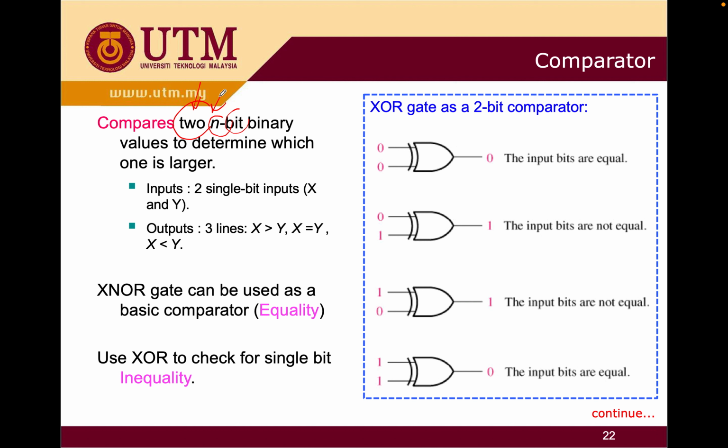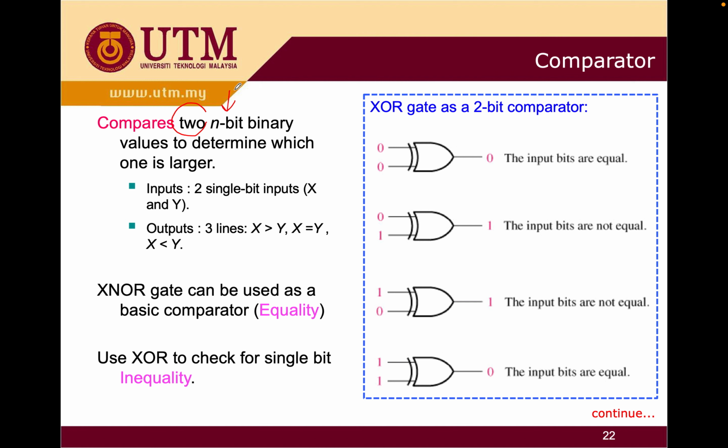Let's say I compare my Samsung phone with an Apple phone. So I'm going to compare between two. You cannot compare directly to 3. So that's why here you're going to compare 2, but the number of bits depends.